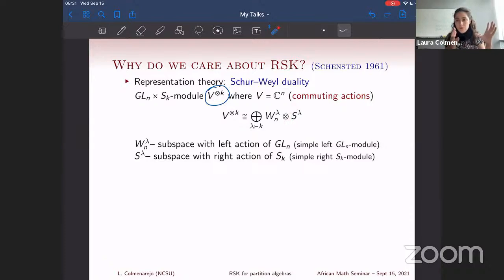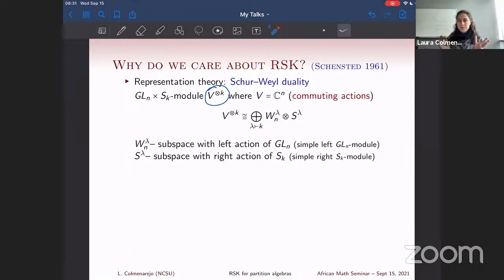So what I'm trying to do here is look at a space that is complicated, and decompose it into smaller pieces that I know how to understand, because these are going to be irreps for GL_n and S_k.